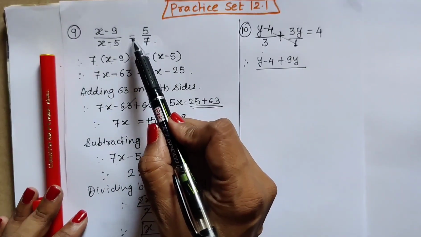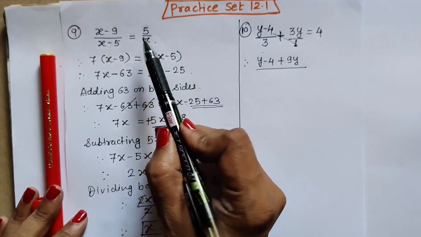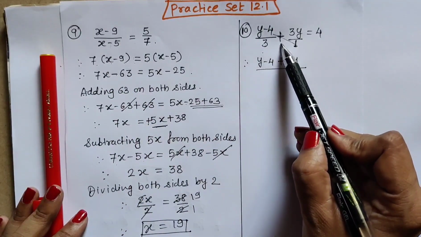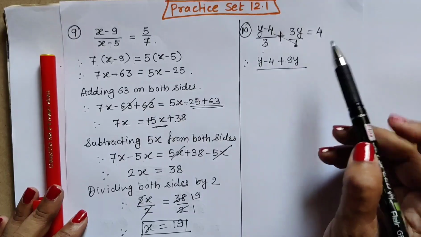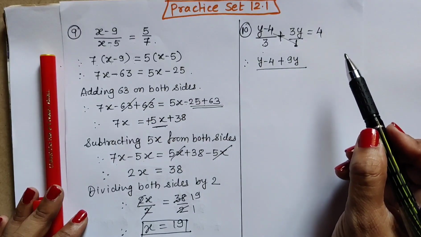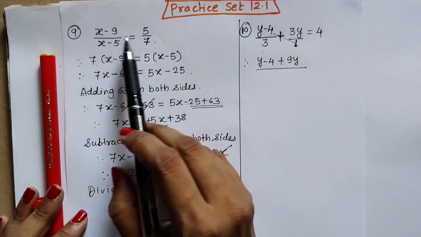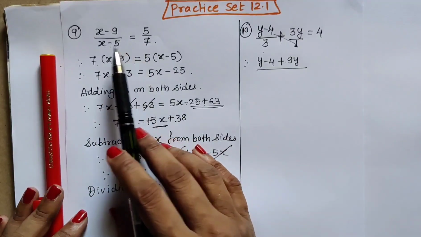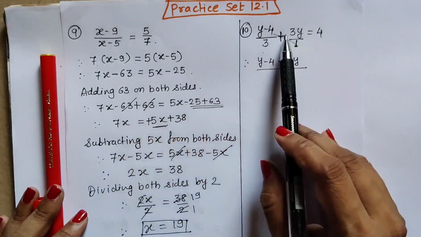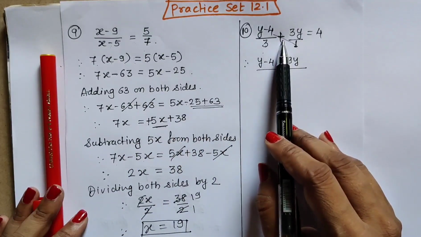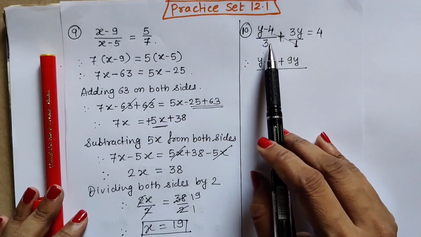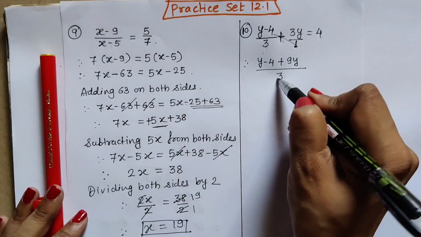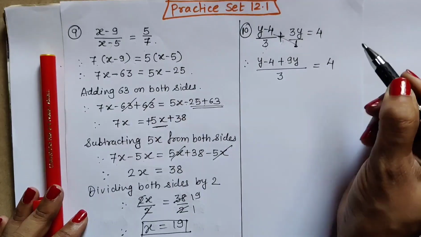But when the plus sign or minus sign is there between two fractions, we have to multiply the denominators while doing the cross multiplication. So 3 ones are 3 is equal to 4 as it is right down.